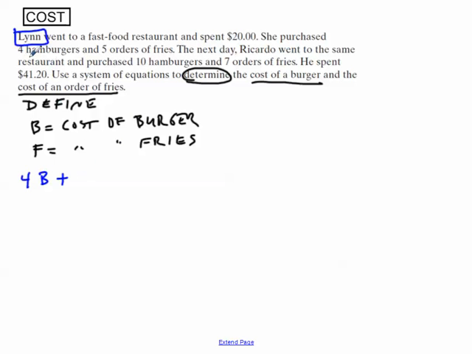Lynn got 4 hamburgers and 5 orders of fries, plus 5 times the cost of a fry equals 20. You could put 20.00 as well, but it doesn't make a difference, so 20 is fine.